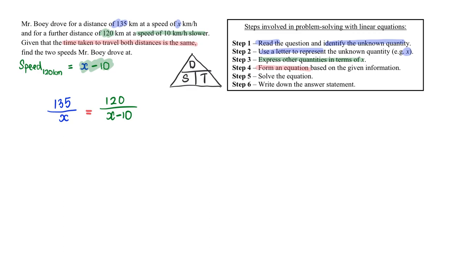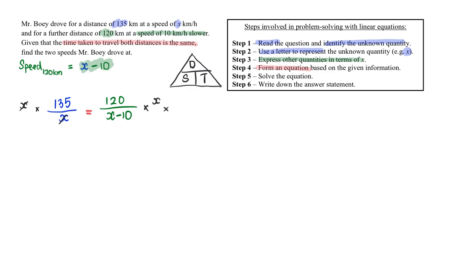We have successfully reached step 4. Now, Mr. Tan will then solve this equation. Okay? So you will see Mr. Tan multiplying by x on both sides, such that I will be able to divide off the x.